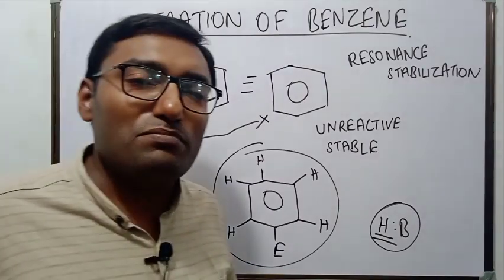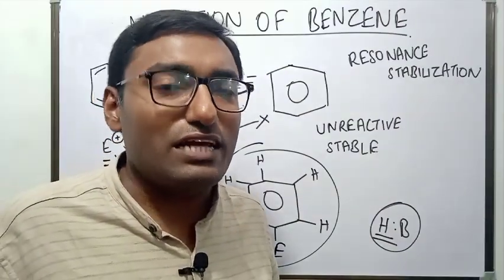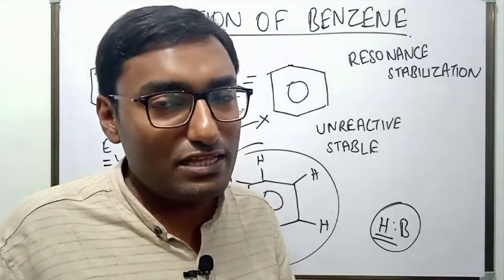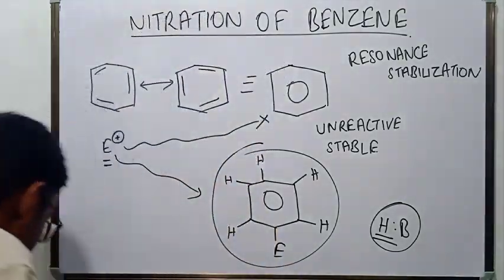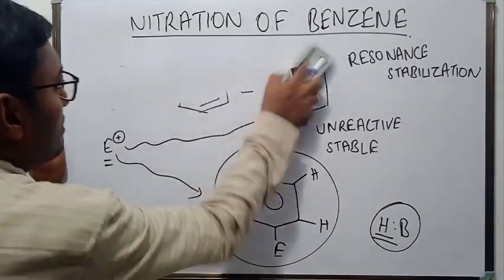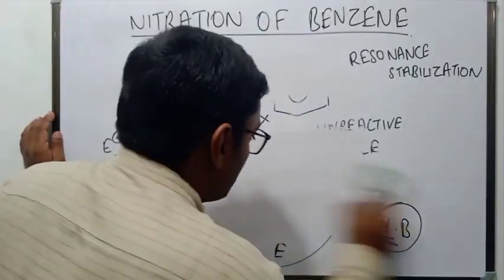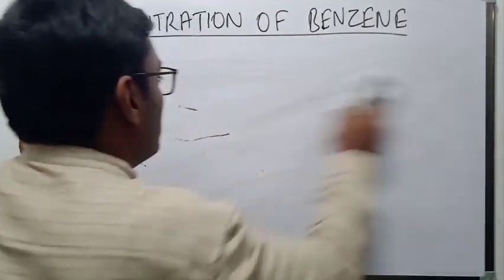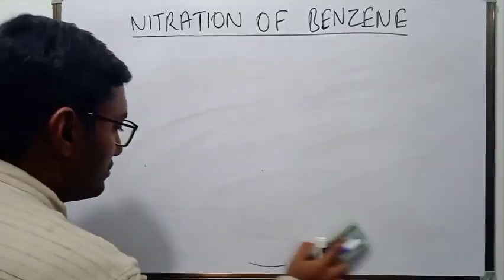Let us now come to nitration of benzene and understand it much better. For that, I will write the reaction first and then the mechanism. Let me write the reaction first of all.